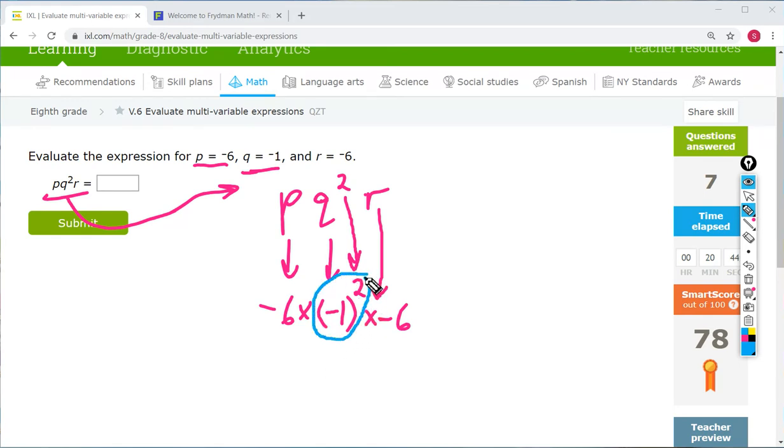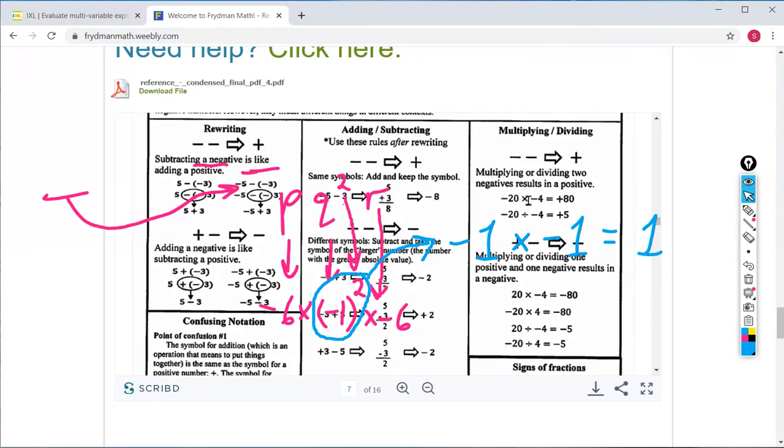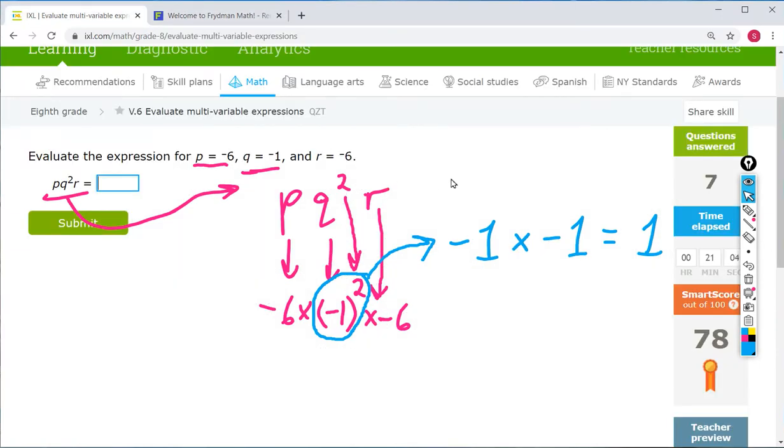We'll do exponents first. -1 to the second power means -1 times -1, which is equal to +1, right? Because a negative times a negative is equal to positive. So that means that down here, we can write +1. So now we have -6 times +1 times -6.